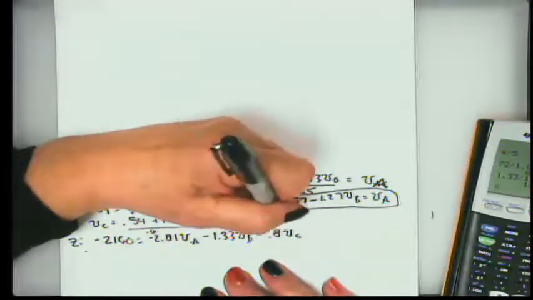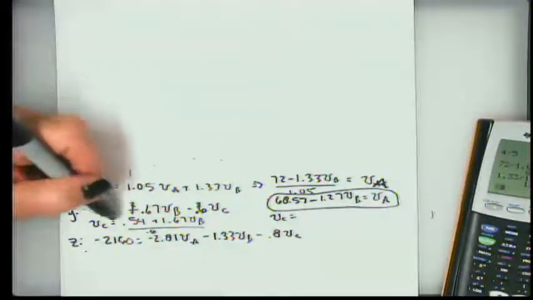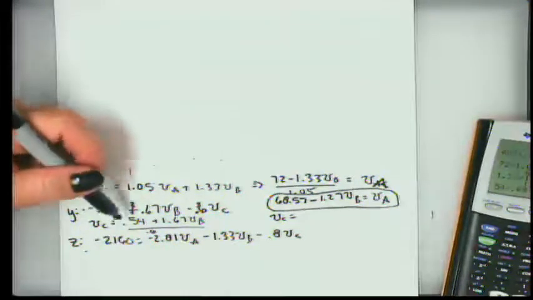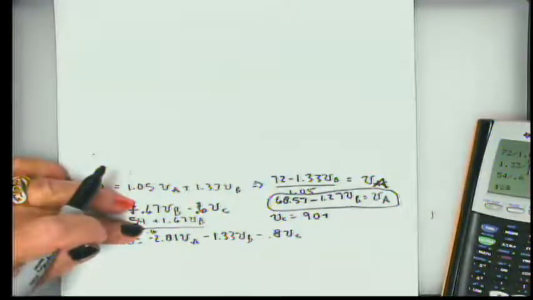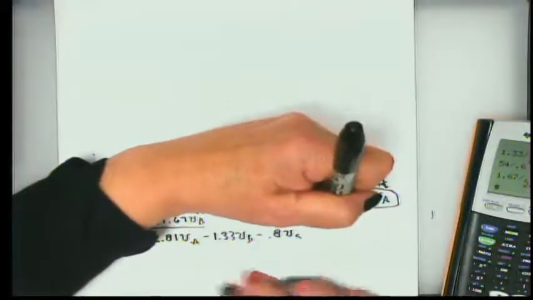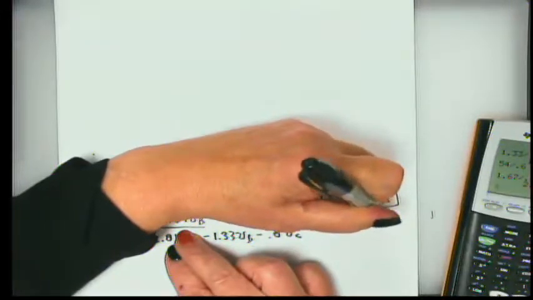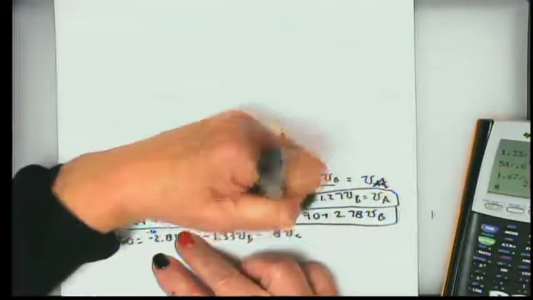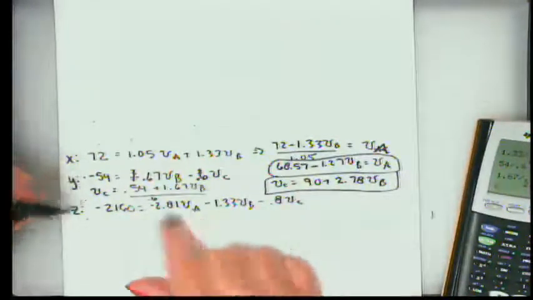So when I do that, I say v sub c is equal to 54 divided by 0.6, which is 90, plus 1.67 divided by 0.6. And if you have an equation solver, needless to say, this will go a lot quicker. V sub b. Okay? So there's my two substitutable values.